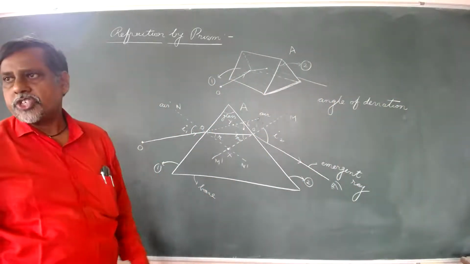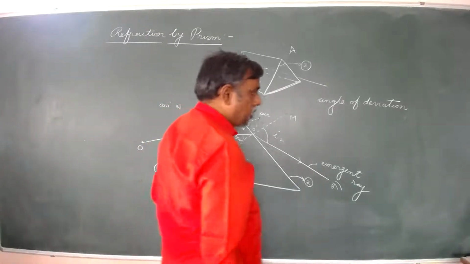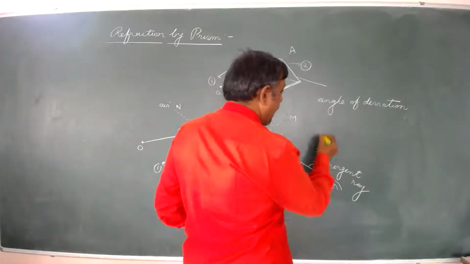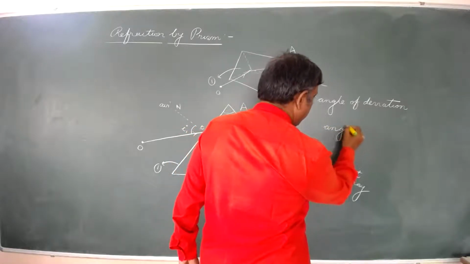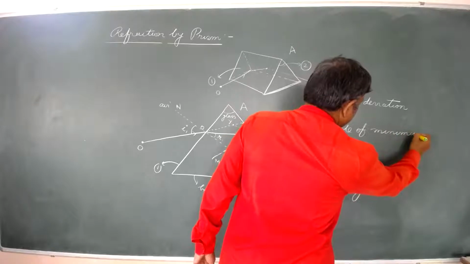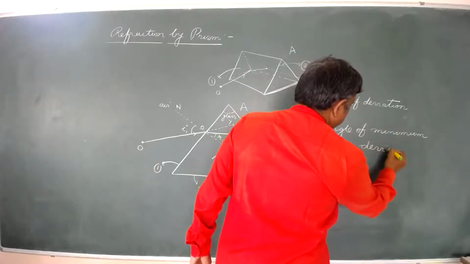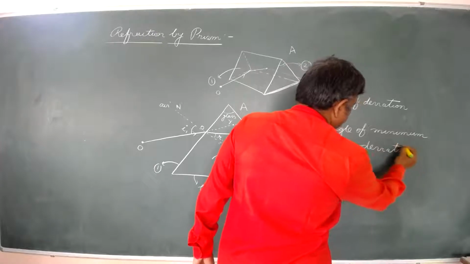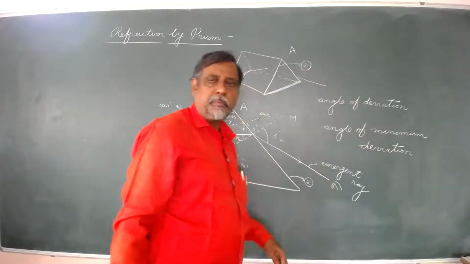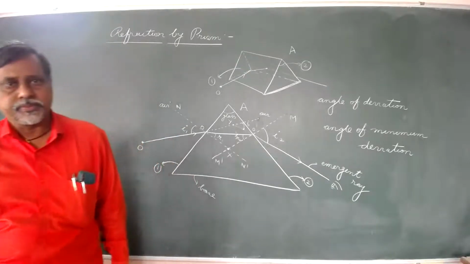Usually, in the case of a prism, we come across one more technical term, the angle of minimum deviation. But remember, every time the prism may not be in the position of the angle of minimum deviation.